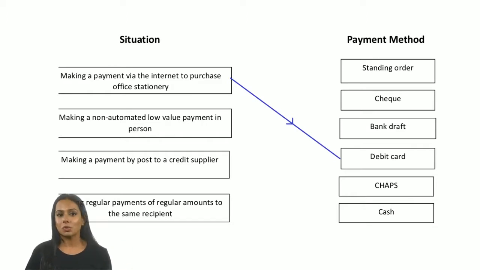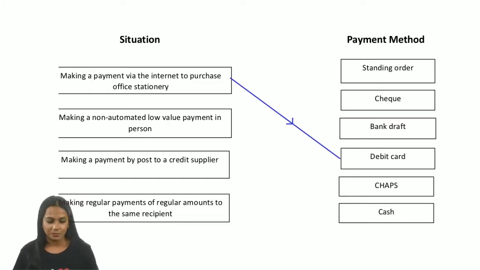So make sure that before you sit the real assessment, you go onto the AAT website and you go onto the sample assessments in the study support search bit of the AAT website.